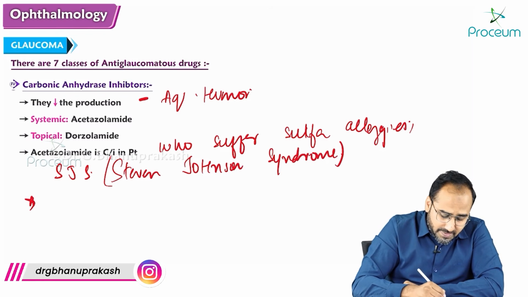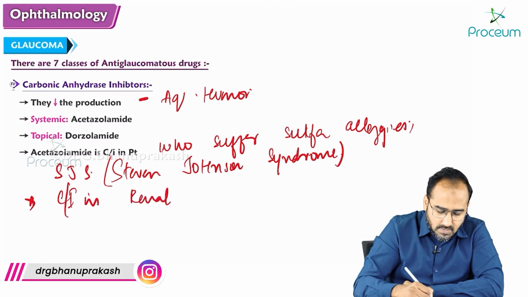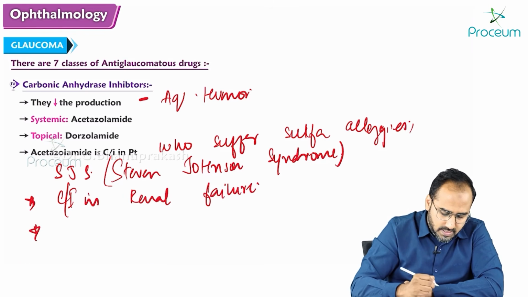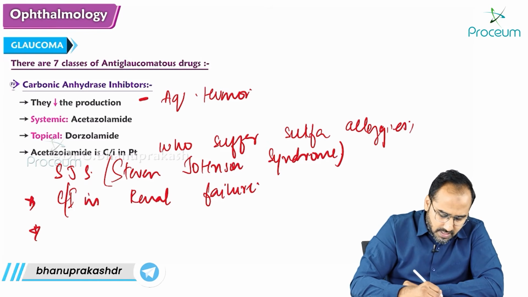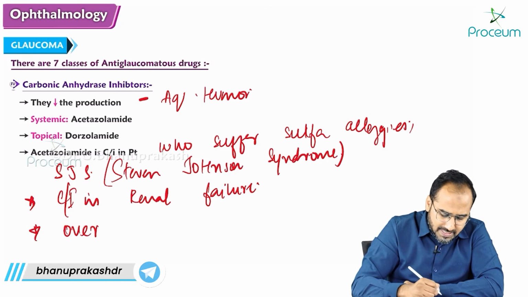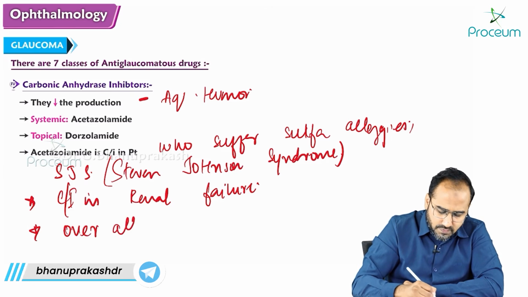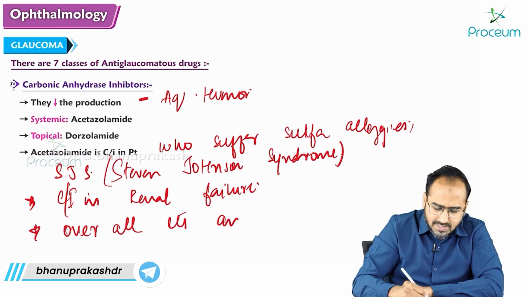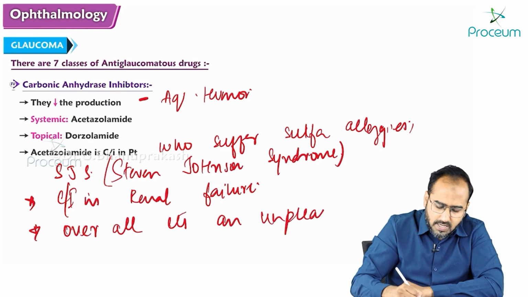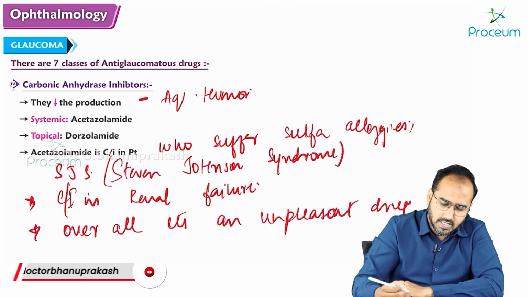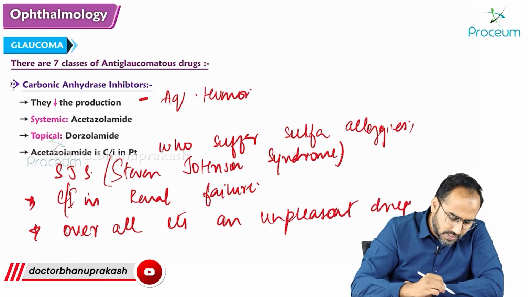Apart from that, acetazolamide is also contraindicated in renal failure. So remember, overall acetazolamide is a highly unpleasant drug.